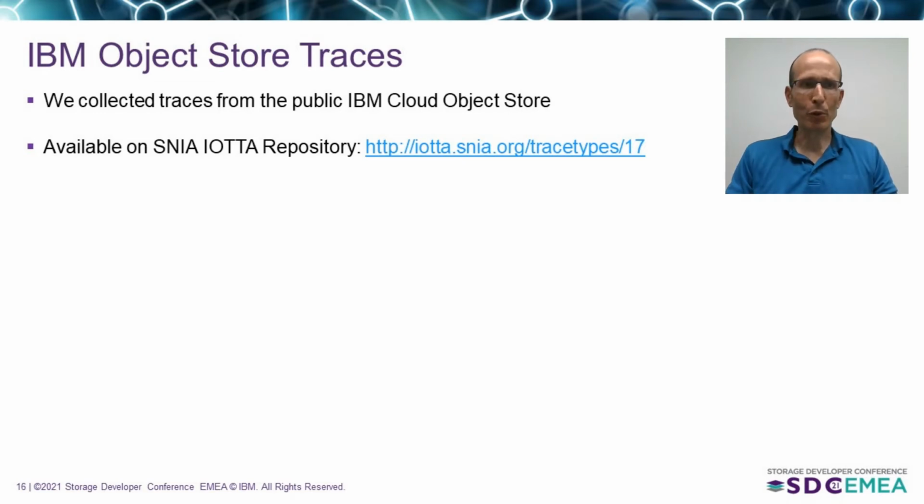If you go to SNIA IOTTA and search for IBM object storage traces, you're going to find it. And frankly, I'm looking forward to finding out what kind of delightful insights you're going to be making using this data. So I encourage you all to go there and download it and give it a try and see what's there and just run with it. There's lots and lots of interesting data to be found there.